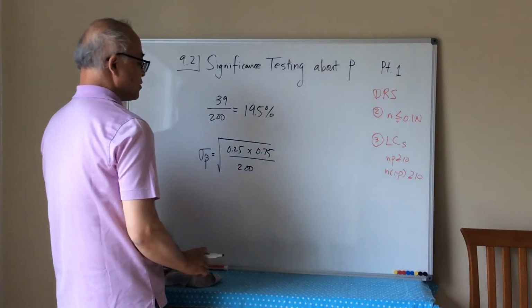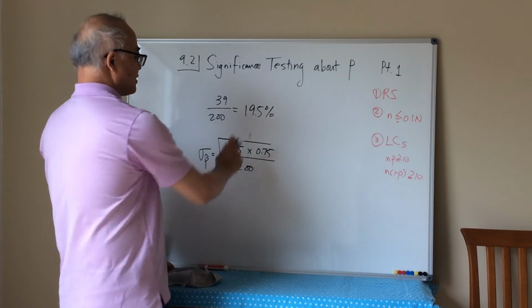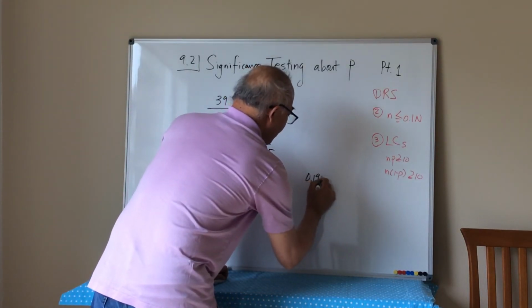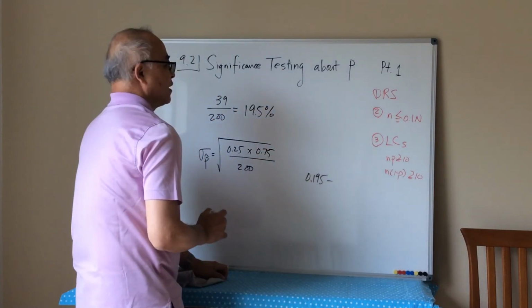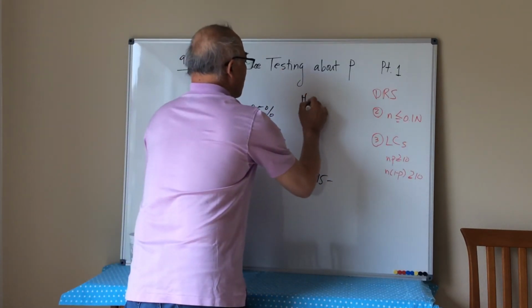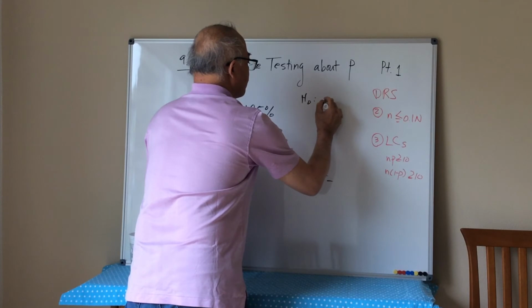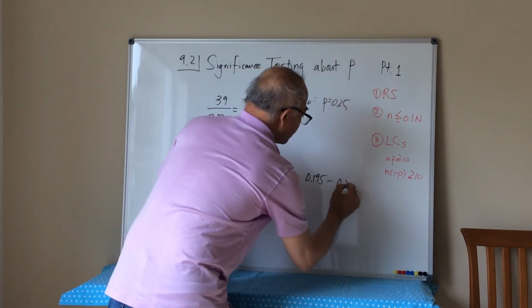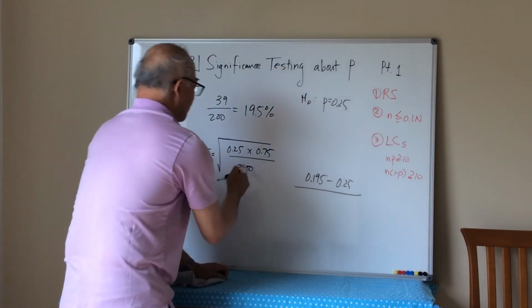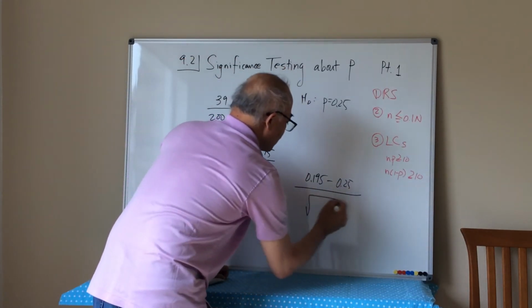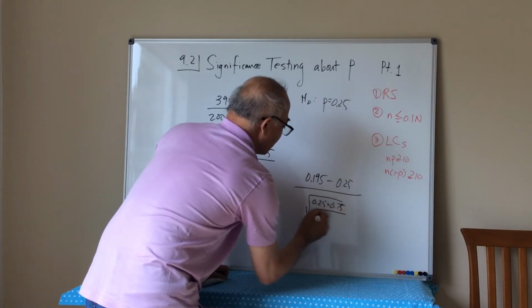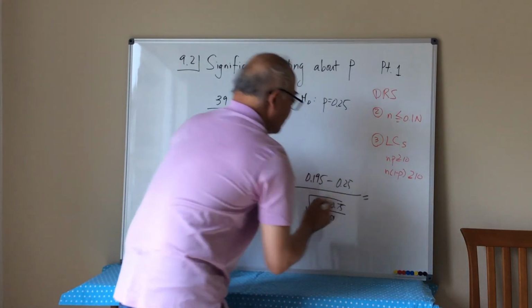The test statistic is this: 0.195 minus the hypothesized p, which is 0.25, over the square root of 0.25 times 0.75 over 200.